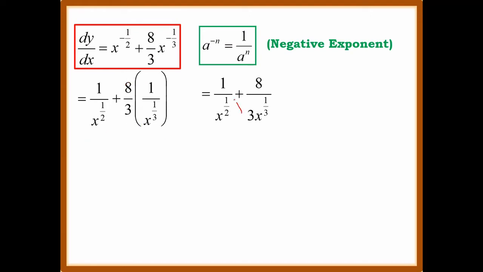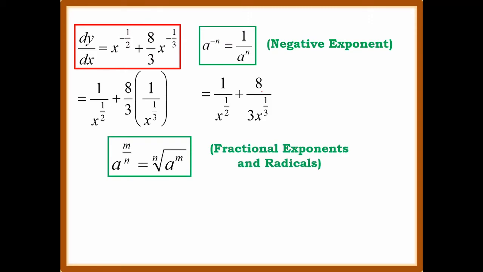this can still be simplified. Another concept is about fractional exponents and radicals. We have a raised to m over n is equal to the nth root of a raised to m.